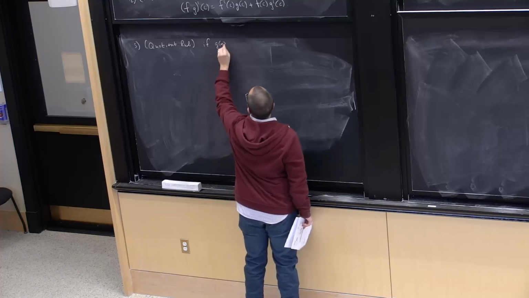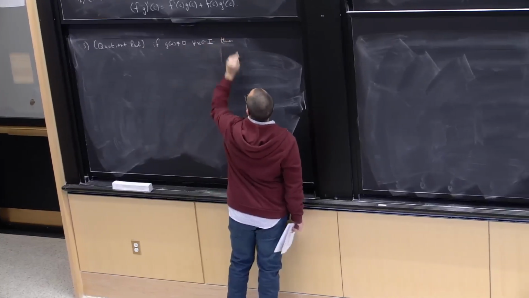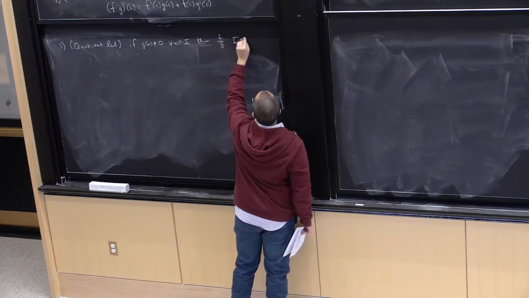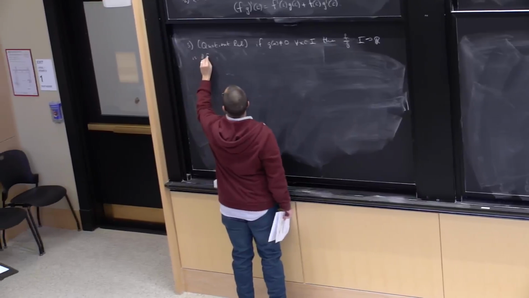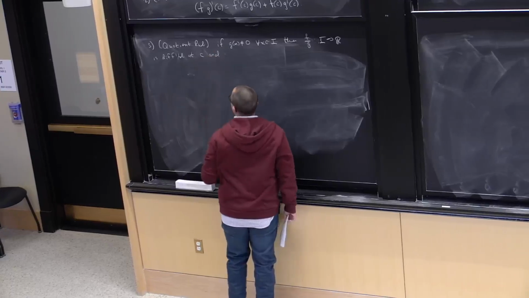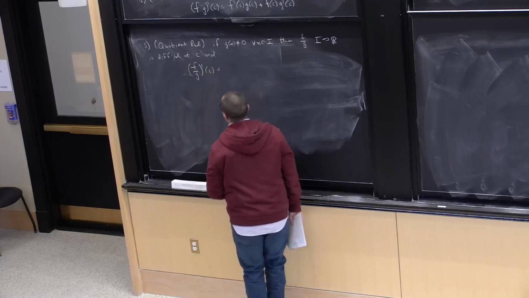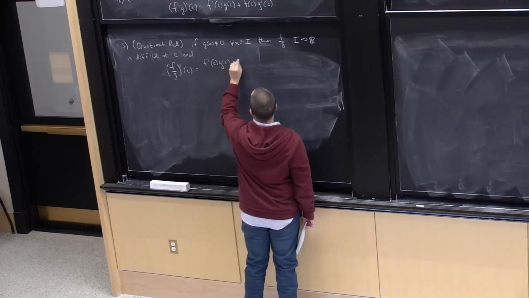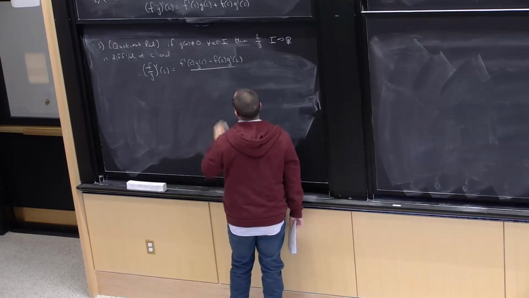If g of x does not equal 0 for all x in I, then the function f over g is differentiable at c, and the derivative is the derivative of the top times the bottom minus the top times the derivative of the bottom over the bottom squared.